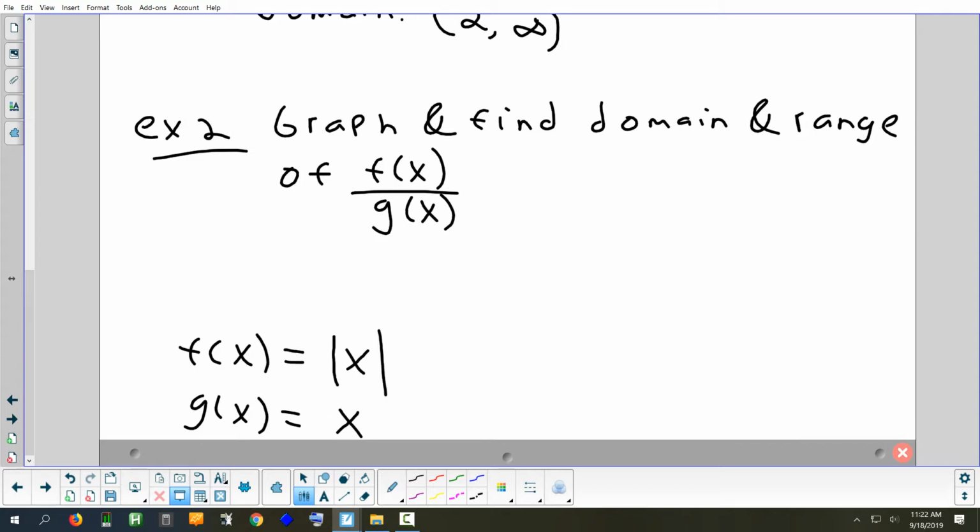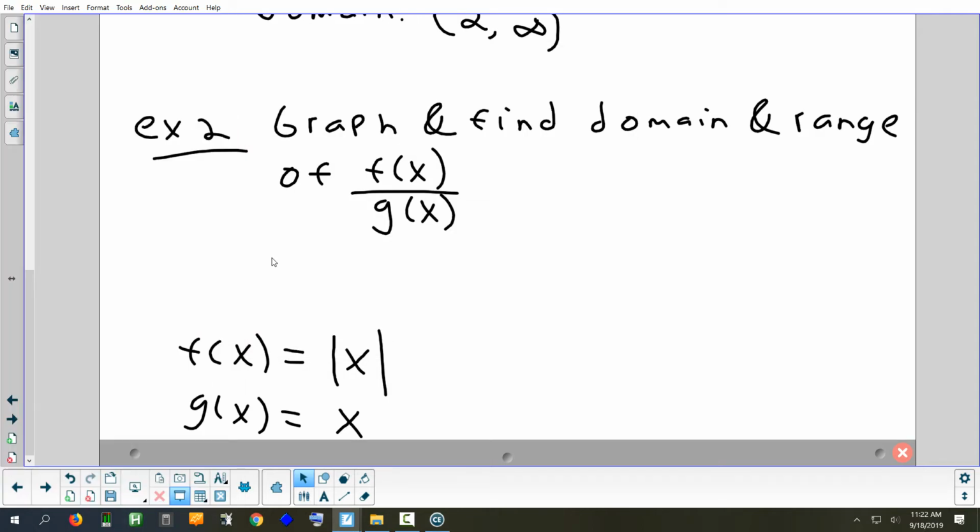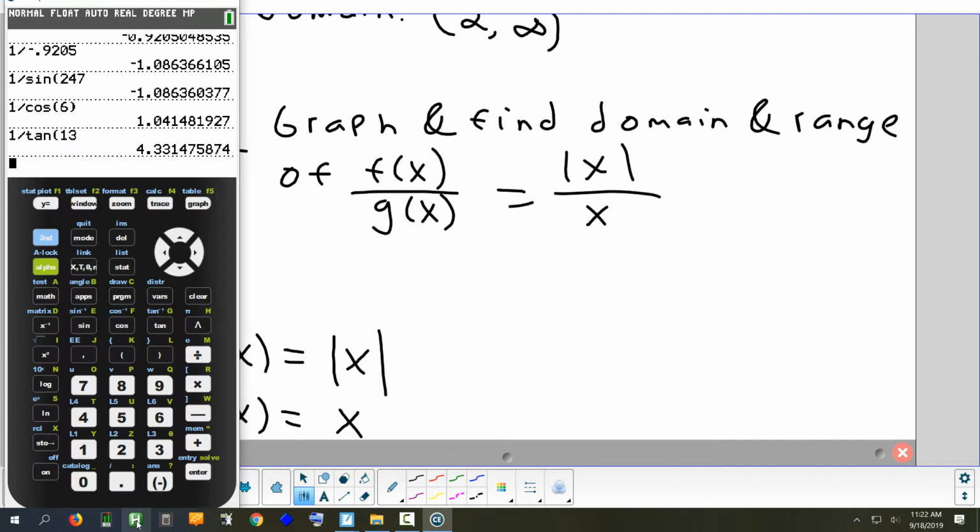Okay, let's try this. Let's graph this on the calculator and find the domain and range. Let's type it in. So we've got f of x divided by g of x. I don't know if we've used absolute value.